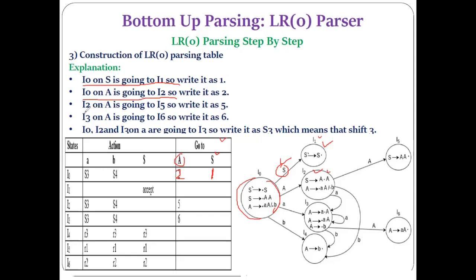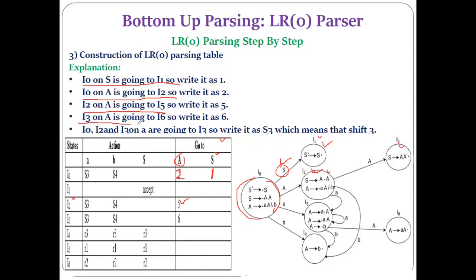Then I2 on A is going to the I5. So under the A you have to make the entry of 5.